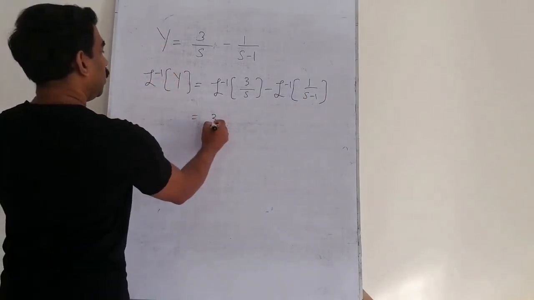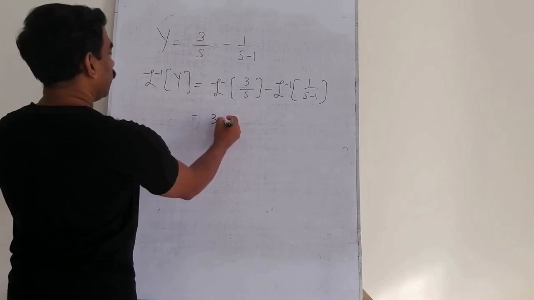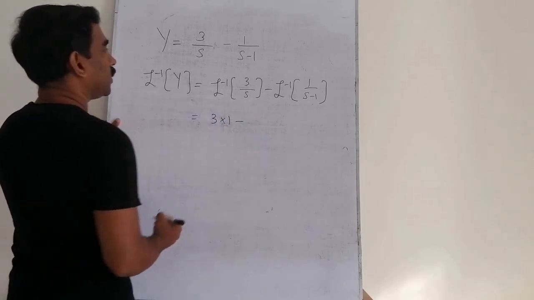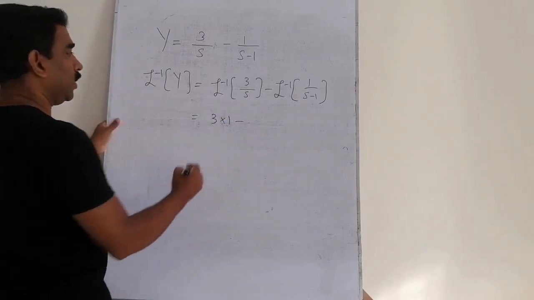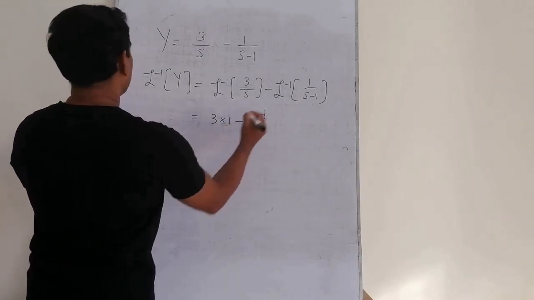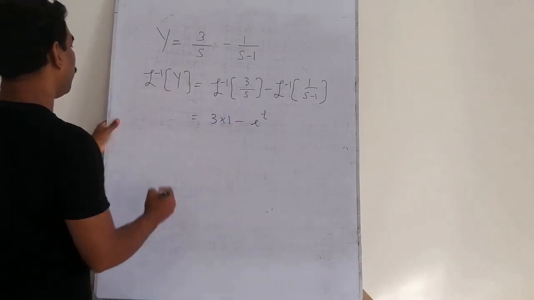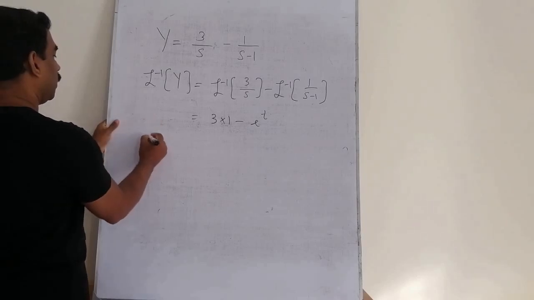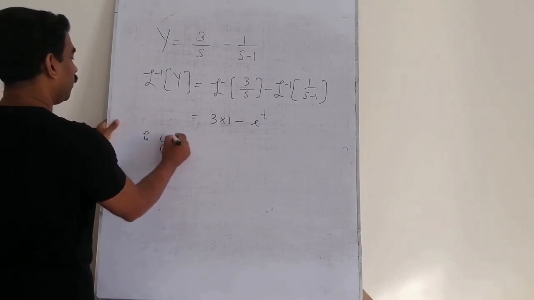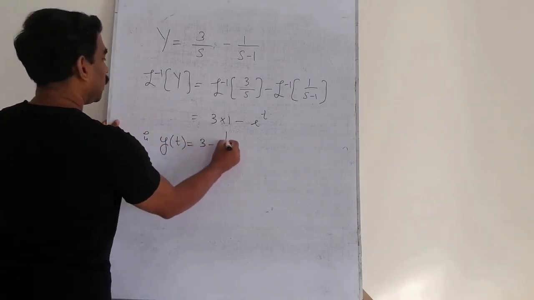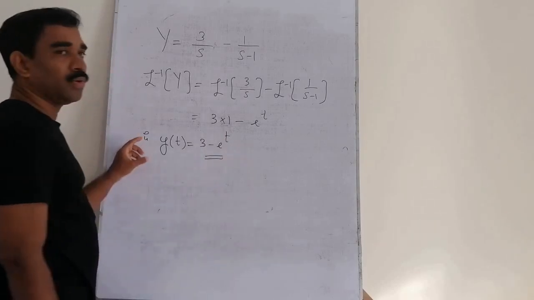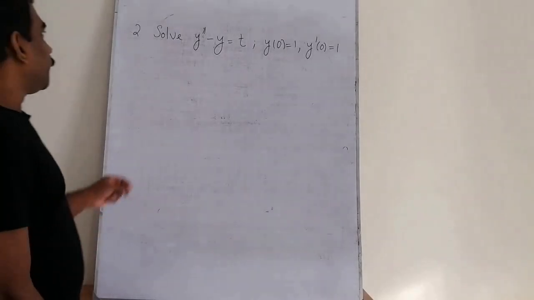So this is equal to 3 into L inverse of 1 by s, and L inverse of 1 by s is 1, minus L inverse of 1 by s minus 1, that is the exponential function e raised to t. So L inverse of capital Y means our small y, that is y of t, is equal to 3 minus e raised to t. So this is the required solution of the initial value problem.